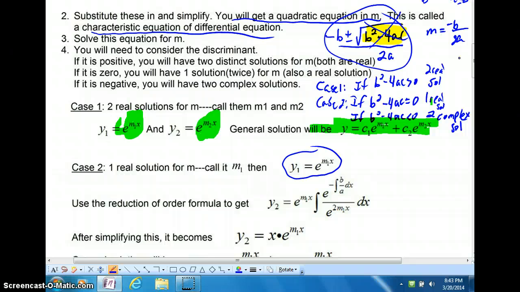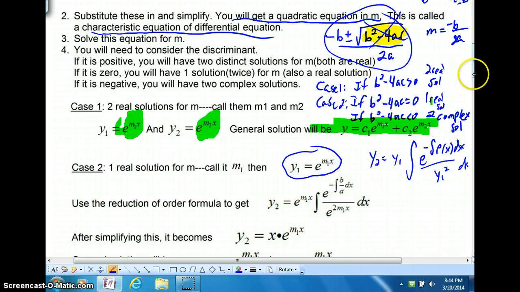And what we'll do is use that formula from yesterday, where y sub 2 would equal y1 times the integral of e to the opposite of the integral of p of x dx divided by y1 squared. And you might wonder what p is in this regard.